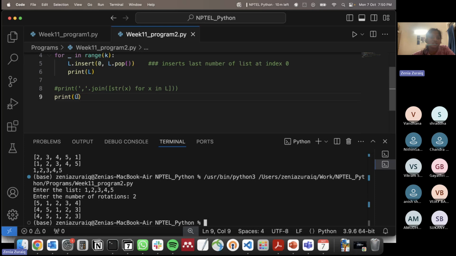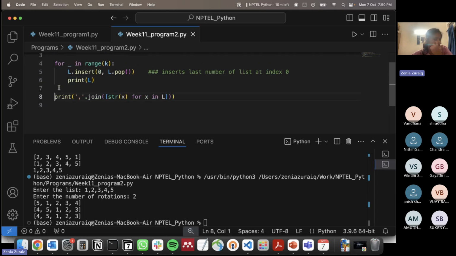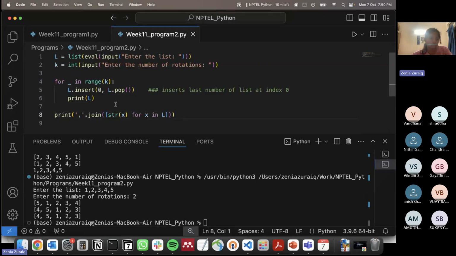The reason this is given is because I think in your assignment questions, when you submit the input and the output, it has to be in some particular format, right? So that's why this kind of function comes up. But in general, you can just print L as well. You can also use plus for concatenation. You can use whatever you want. That is just for the formatting.